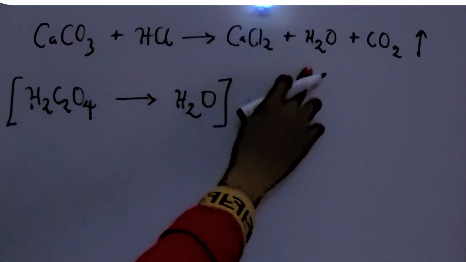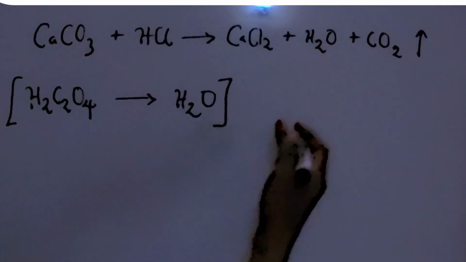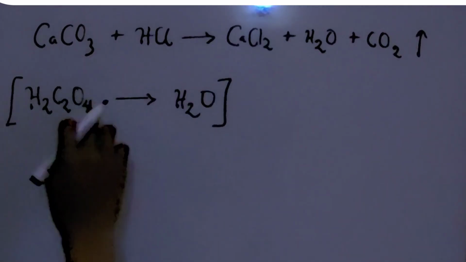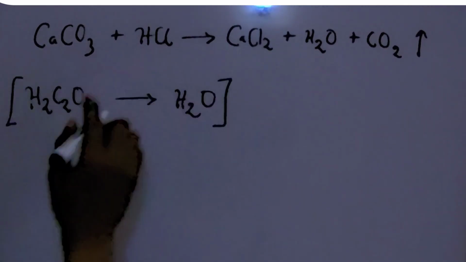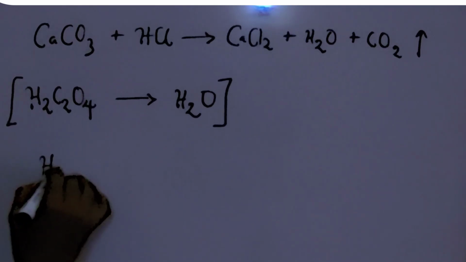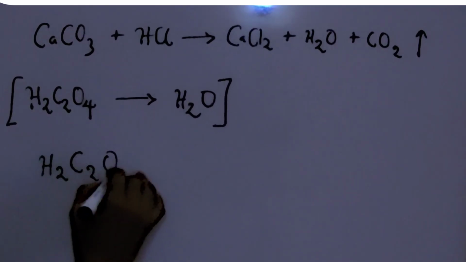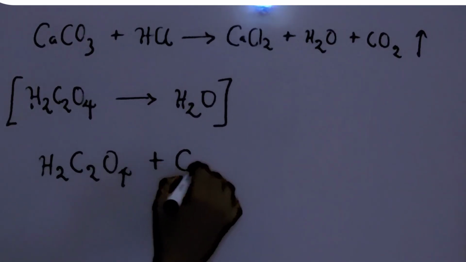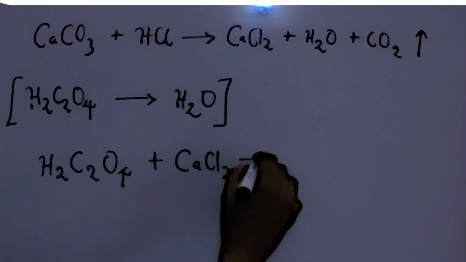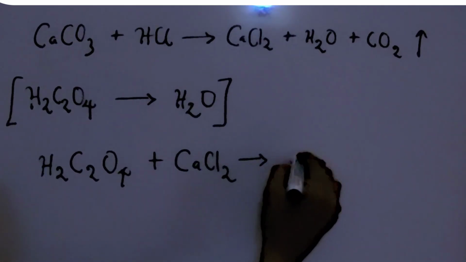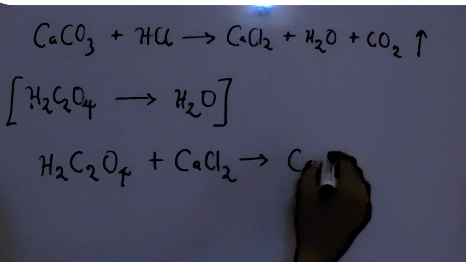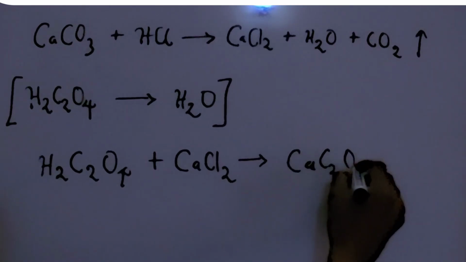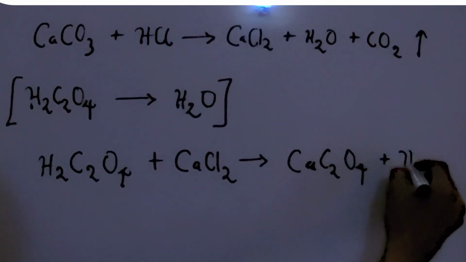Once you've added this, another reaction will happen. Remember, this is giving off water, so this is going to react with the calcium chloride. So we're going to have the oxalic acid reacting with CaCl2. Now, what you're going to have here is calcium oxalate, CaC2O4, plus hydrogen chloride.